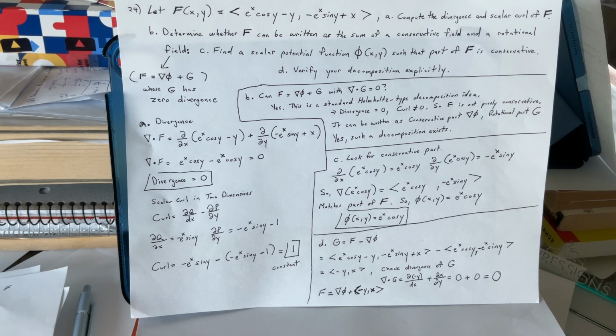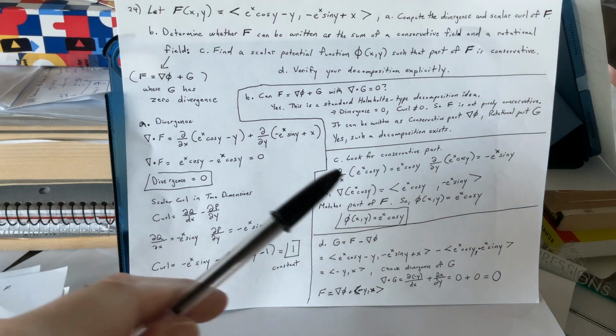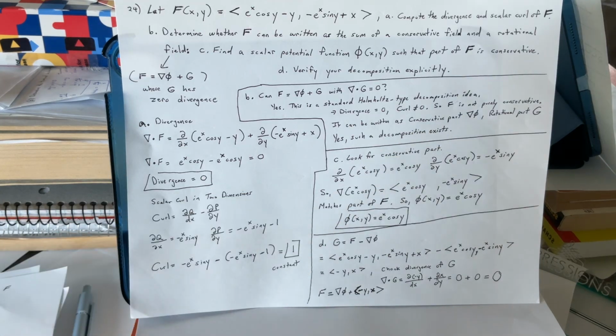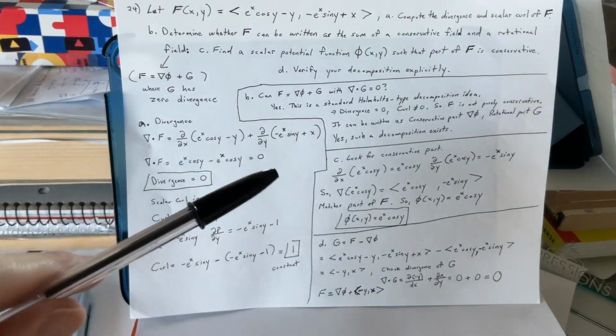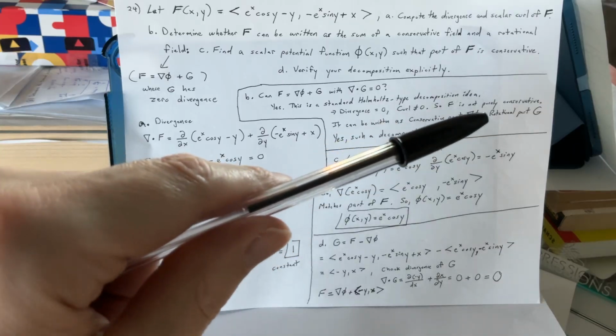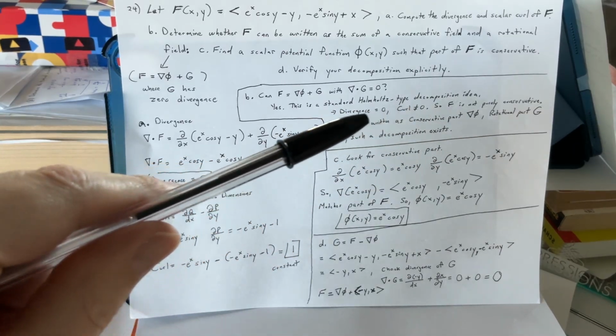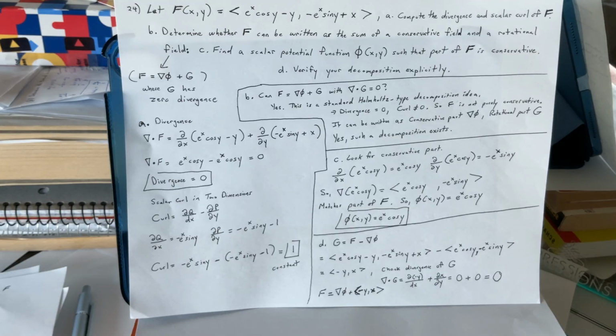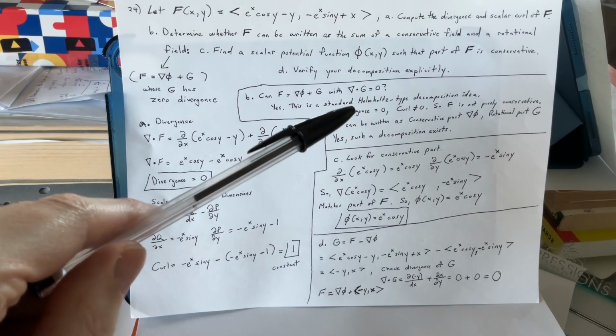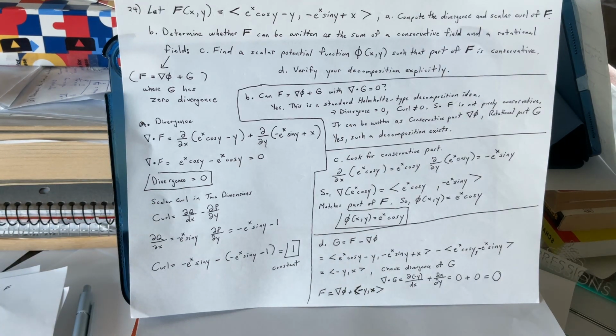It can be written with a conservative part here, rotational part here. We're going to be able to split this up into two parts because of the curl not being 0 and the divergence equaling 0. And because of, if you want to look that up, the Helmholtz type decomposition, yes, such a decomposition exists.